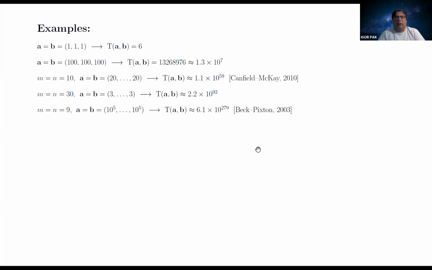I'll continue, and I'll start with some numerical examples because they're rather entertaining, if you like those kinds of things. The first example: if you have 3 by 3 matrices and the sums in each row and each column are equal to 1, then the total number is 6.